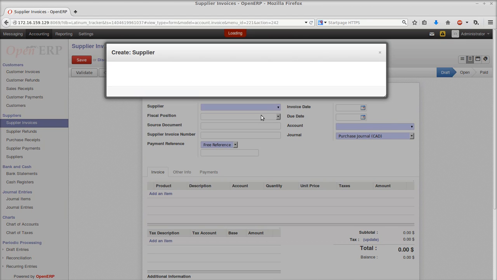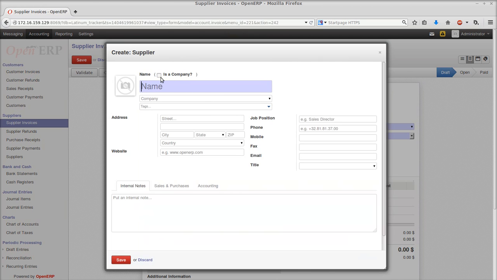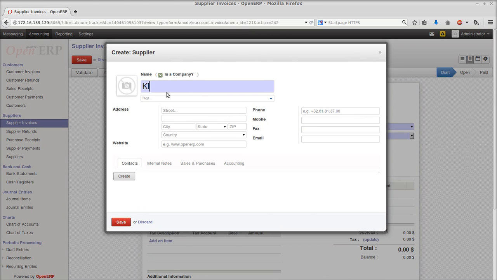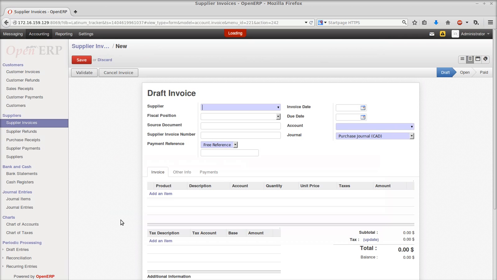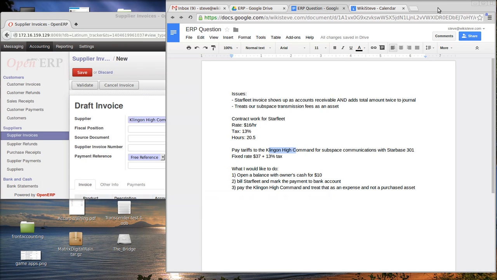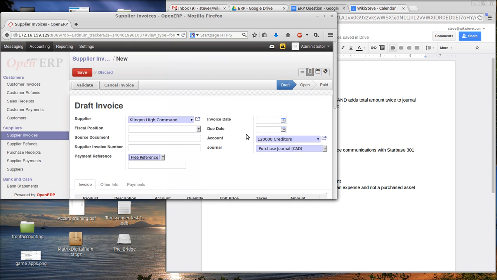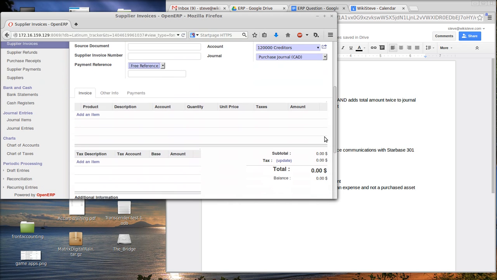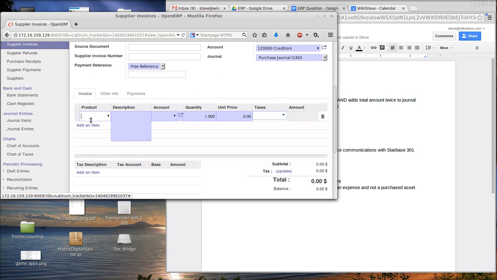So we're going to add the Klingon High Command. And they were fixed rate at $37. Again, just service.